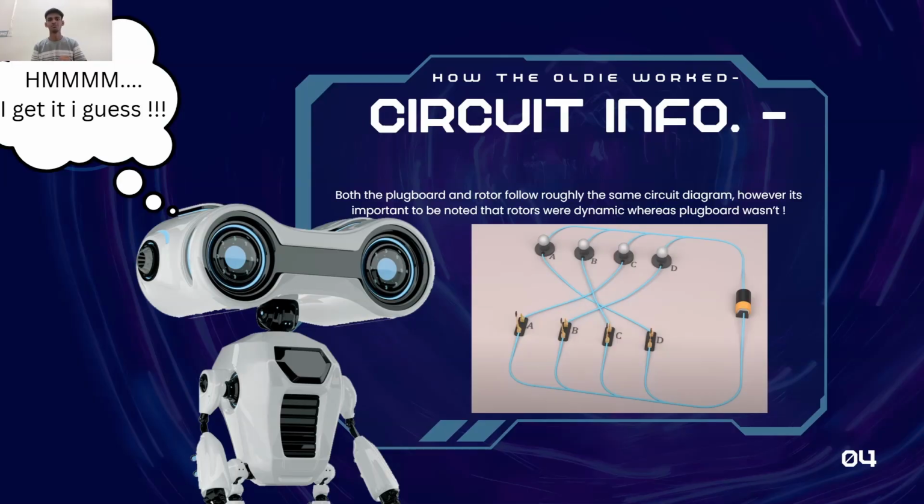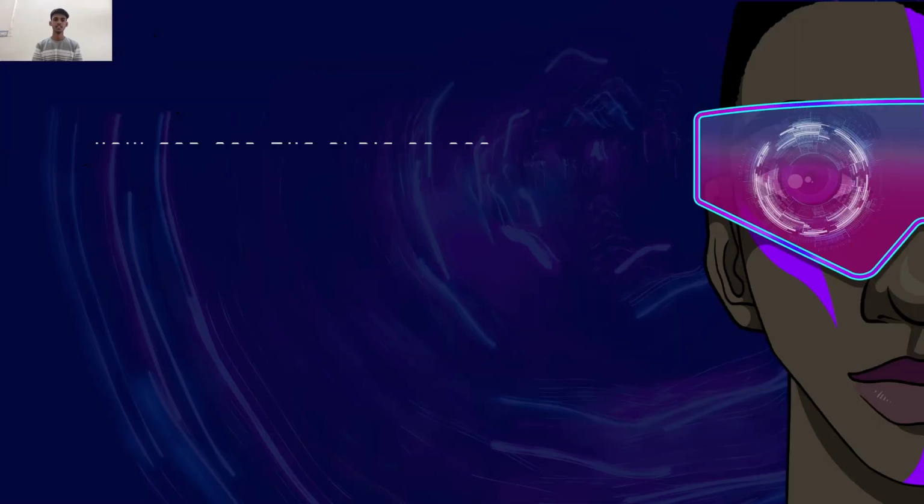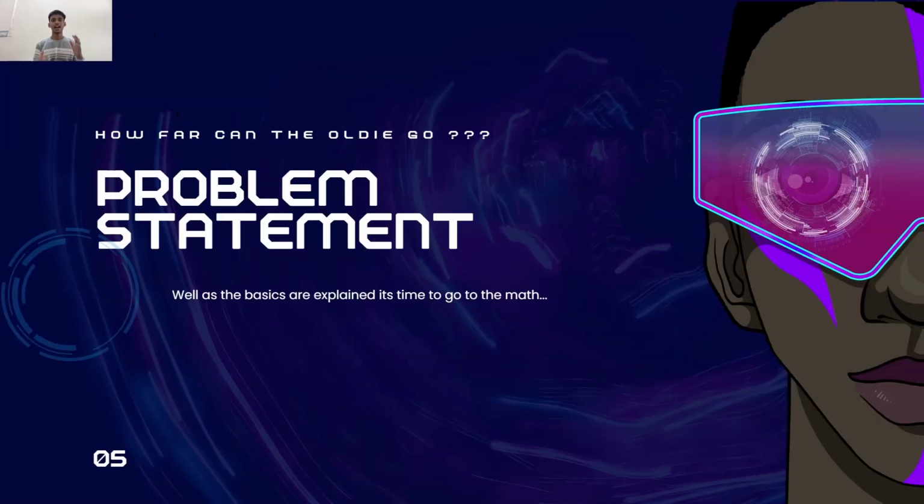Okay, he understood something. I guess you also understood. If at all you didn't, just go back to the video and look back at the circuit, what exactly was happening in the Enigma, and look at my description. Then let's look at the maths behind our project, because to know why it was important then, and why it holds significance now, is why we are going to build on it and remove some of its flaws, which we will be discussing later.